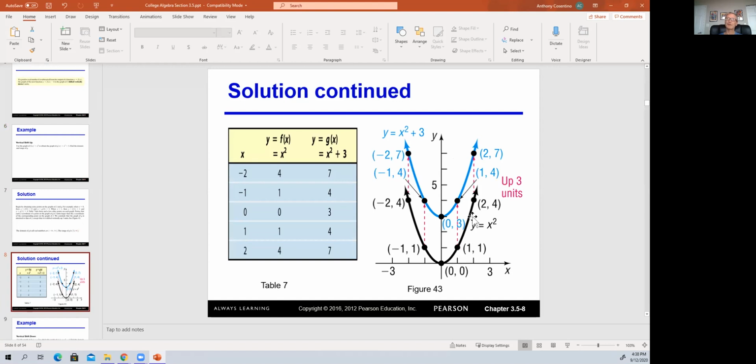And I believe in your homework, they'll give you the original graph and then ask you to move things around depending on what they do to the equation. And so here we add 3, and you can see we move up 3. The way I like to think about it is you want to take one point and see what happens. And usually taking the origin is the best point, right?